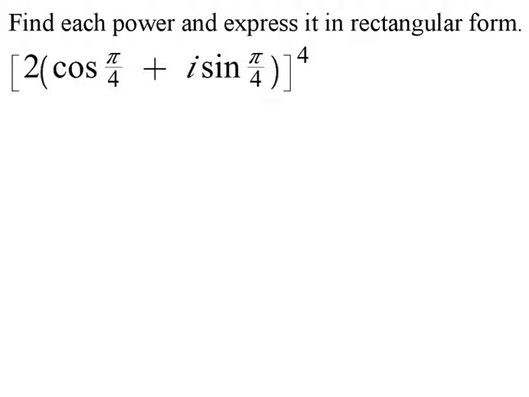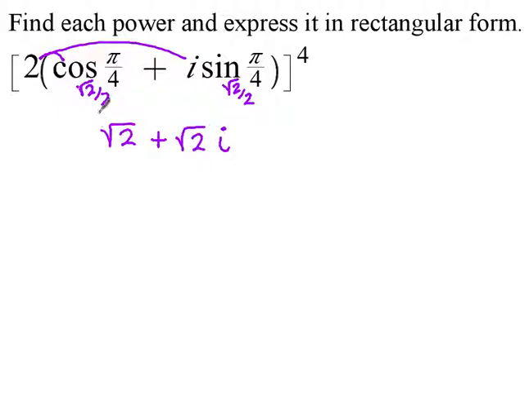Ross said that cosine of pi over 4 is root 2 over 2, and sine of pi over 4 is root 2 over 2. So now if I go ahead and distribute, which is what was suggested then by Christina, if you take 2 times root 2 over 2, you get root 2 plus root 2i, and I want to take that to the 4th power.